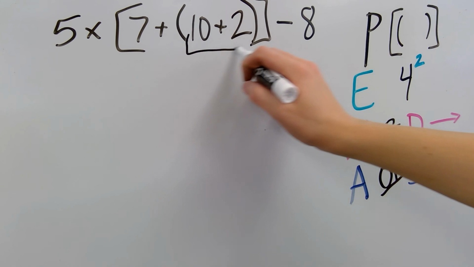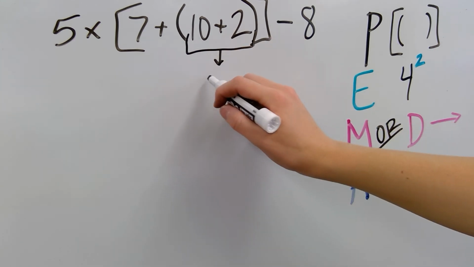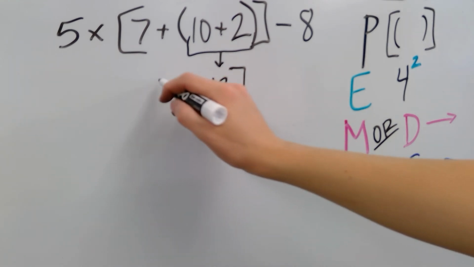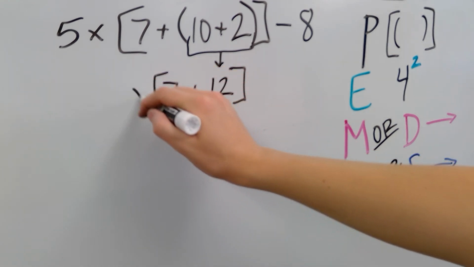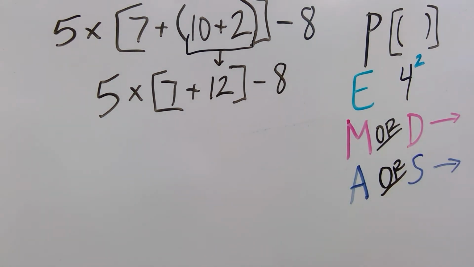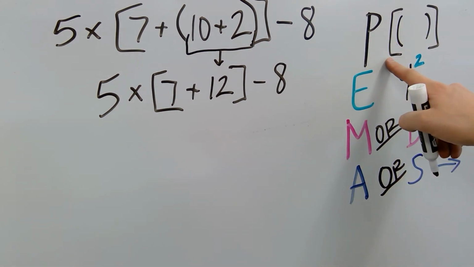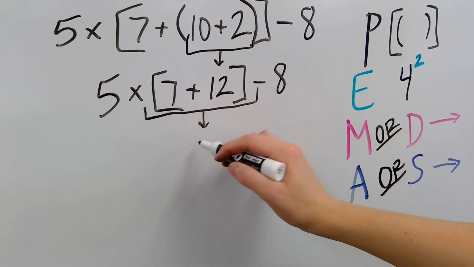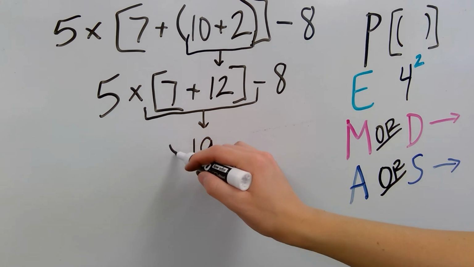So I need to take care of this part first. 10 plus 2 equals 12. Now I rewrite the rest of the problem around it. And I still have some brackets, so I need to take care of those. 7 plus 12 is 19.